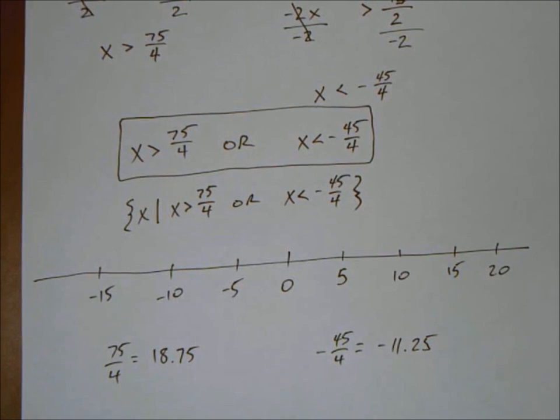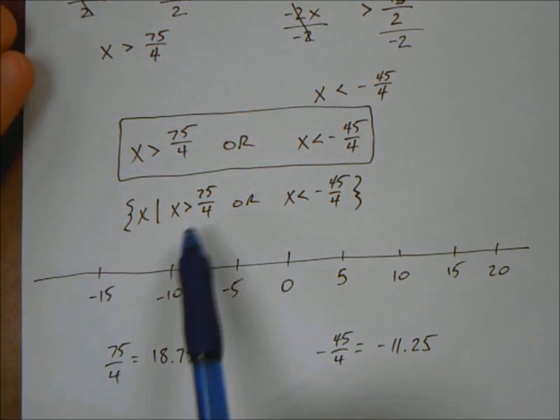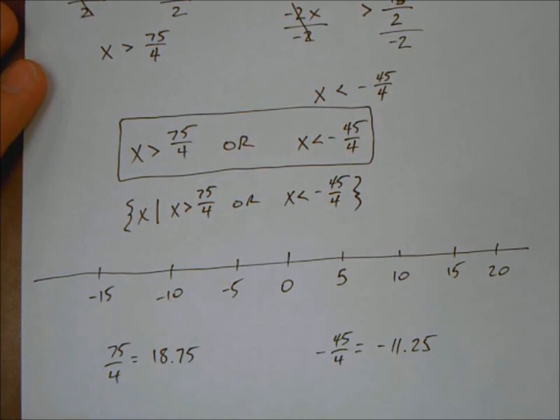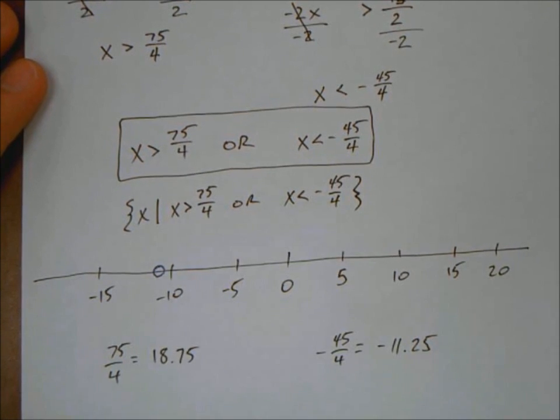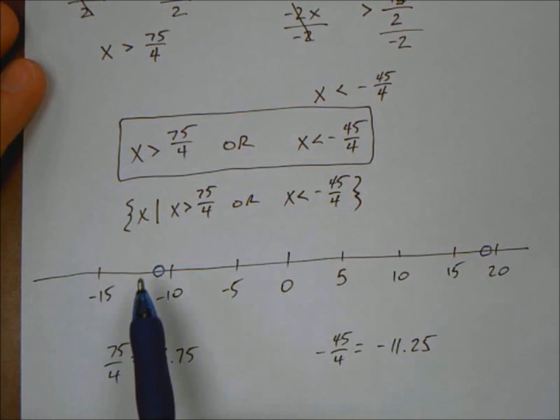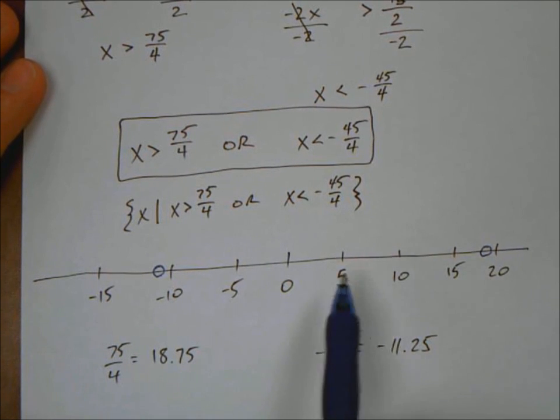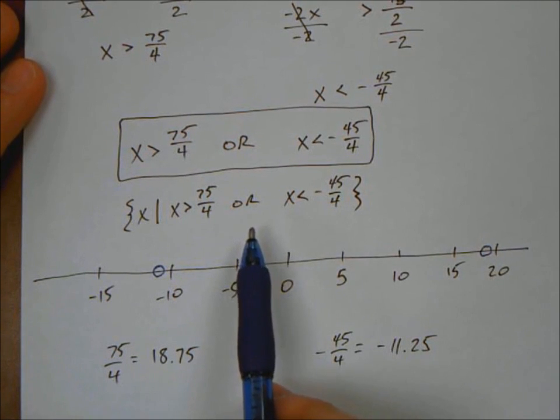Now notice that there are no lines underneath the inequalities, so I'll be using open holes here. An open hole at negative 11.25, it's about right here. And an open hole at 18.75, that's about right here. Now in the and, the x was in between these two numbers and we shaded in the middle. That's not the case for an or, it's the opposite.